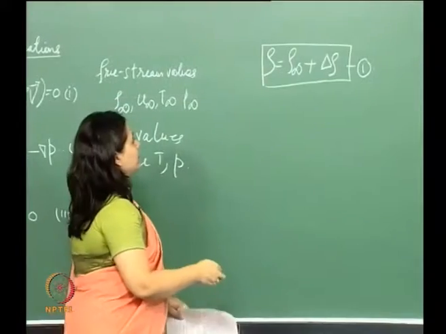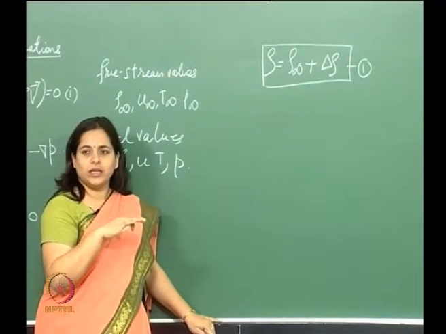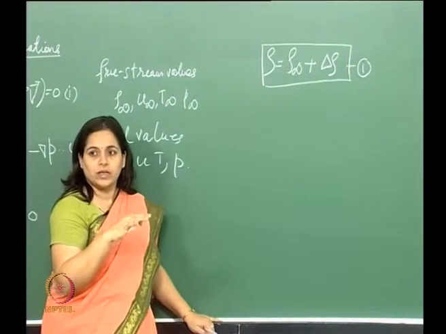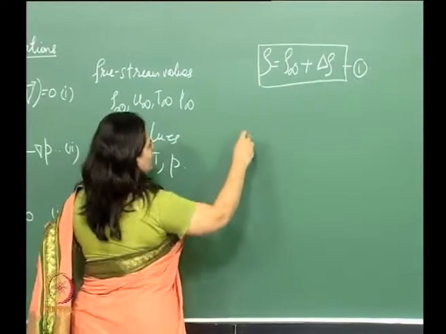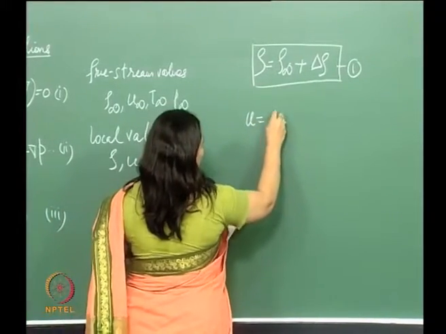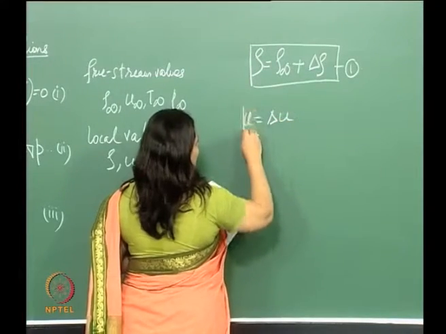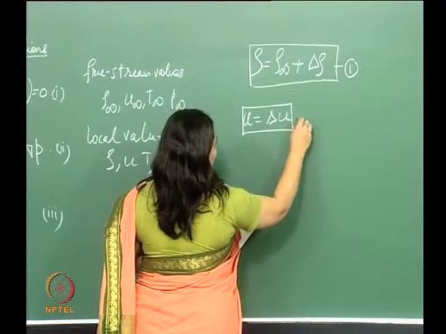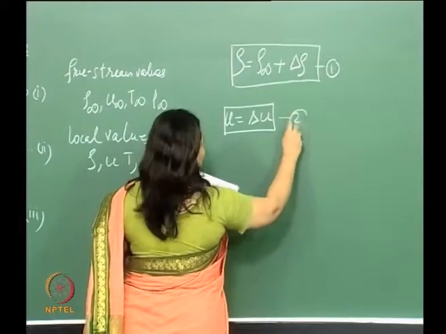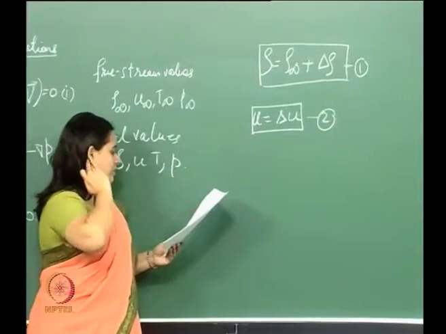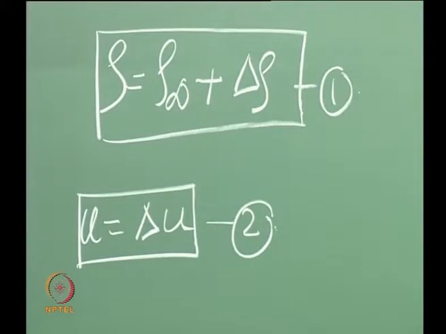And for the velocity, let us say that the initial flow field is undisturbed. If that is so, then, right. So, these are the two expressions that we can pretty much write.